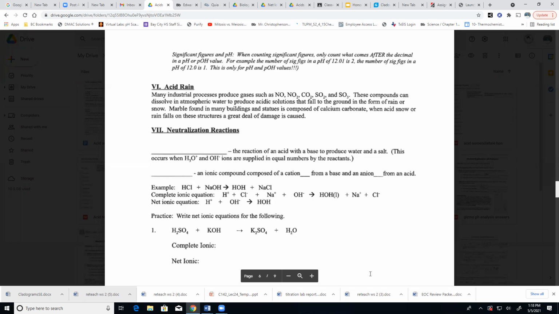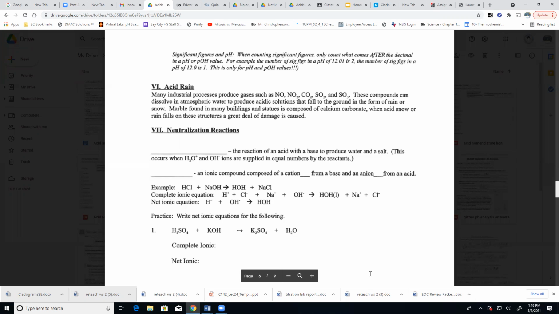So when we hear about acid rain, that doesn't mean actually that it's raining acid. But what happens is the water will come down and mix with some of the industrial gases that are produced, and then that will form an acid.